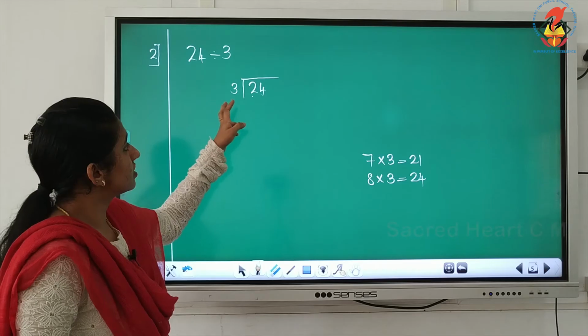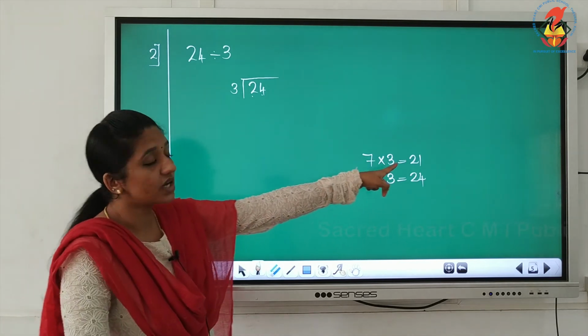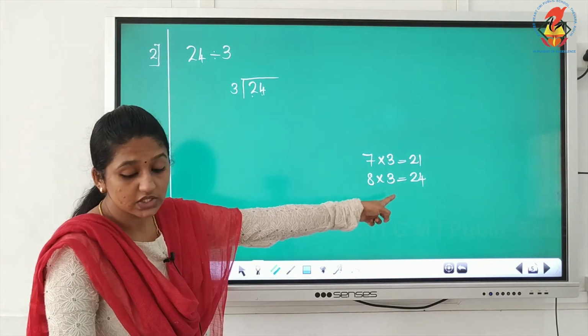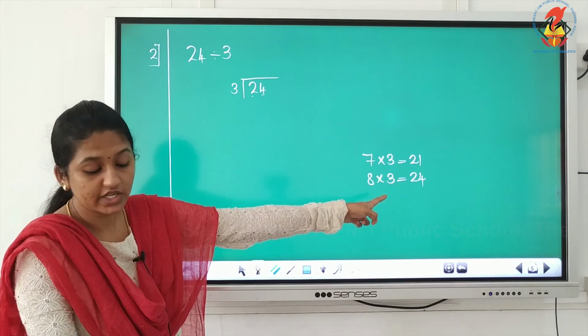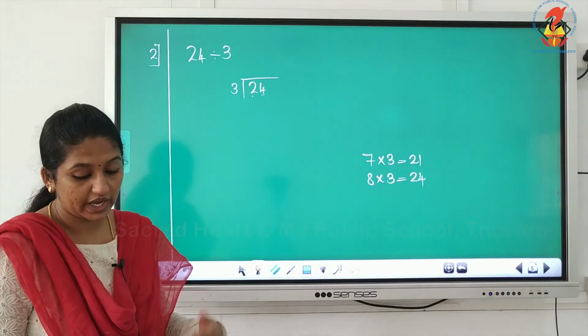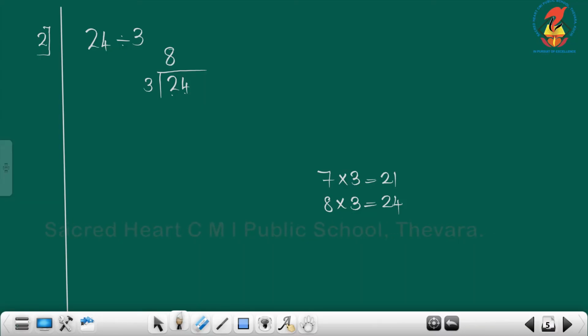So in this table 7 3s are 21, 8 3s are 24. So 8 3s are 24, 8 times, 24, here 0, here 0.